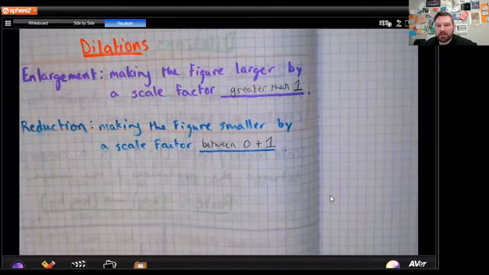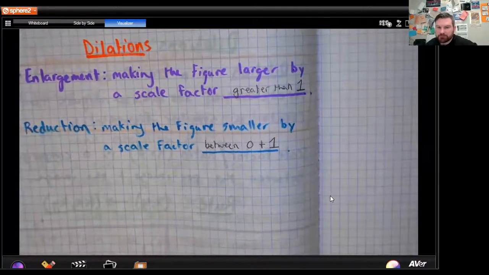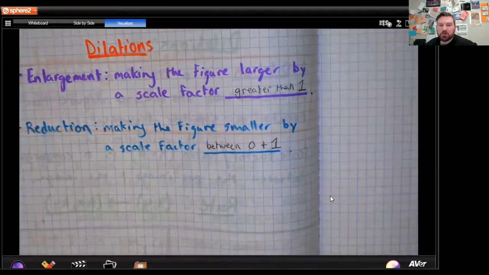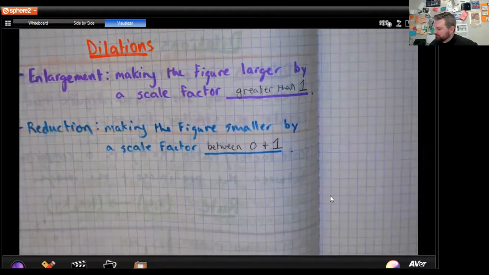So any number, fraction or decimal, between 0 and 1 will make the figure smaller.